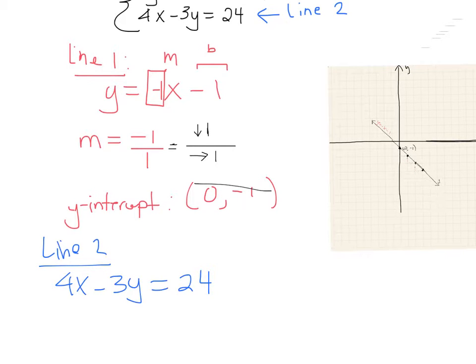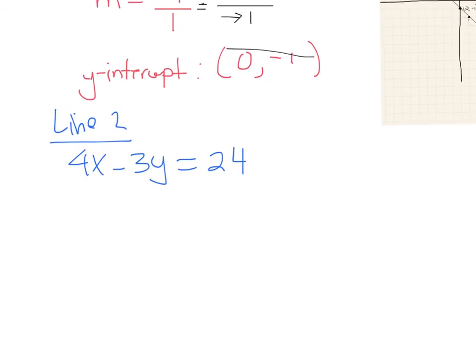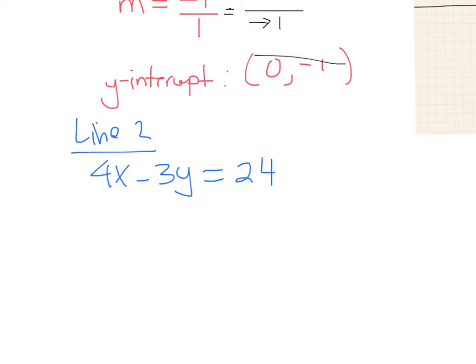Again, it's your preference, how do you want to graph this line? It's not in slope-intercept form, so we can rewrite it in slope-intercept form. You can use the x- and y-intercepts, or you can plot a couple of points, like negative 2, negative 1, 0, 1, 2. It's your preference. I'm just going to go ahead and use slope-intercept form.